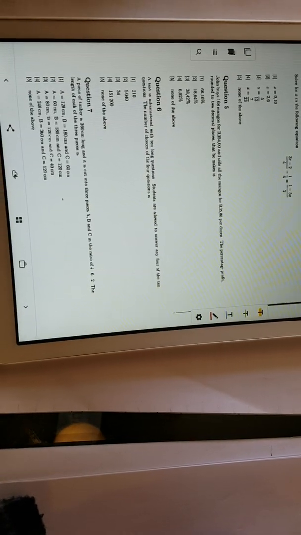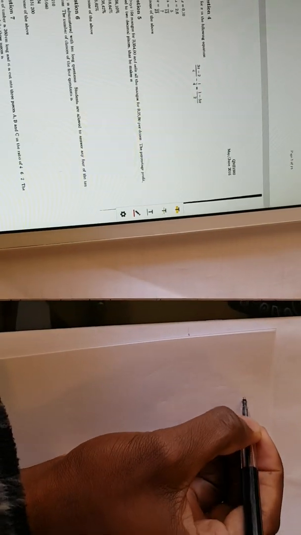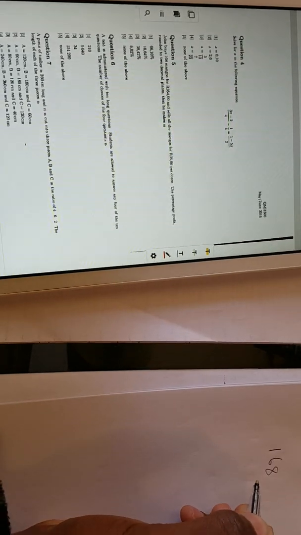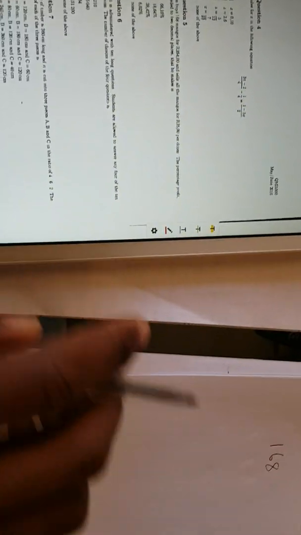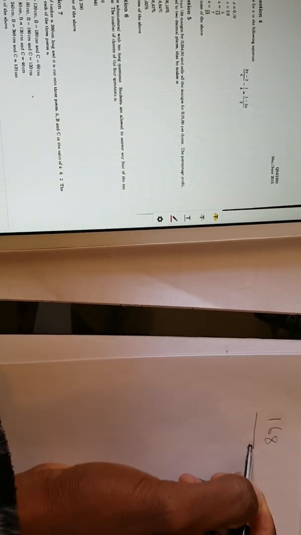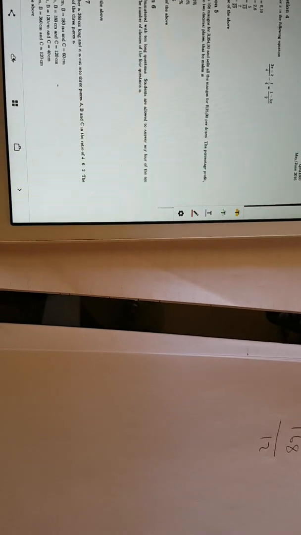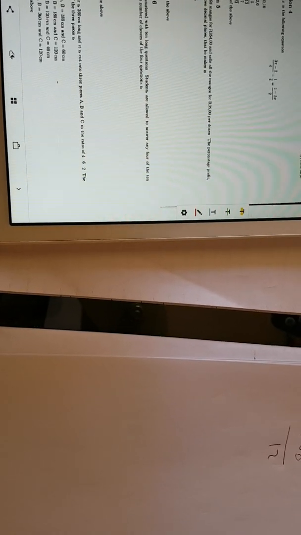So what I'm going to say here is, let's say this person, they call him John. He's selling 168 mangoes, and charges 35 rand per dozen. So let's just say 168 divided by 12 and see how many dozens he has. So 168 divided by 12, you will get 14.